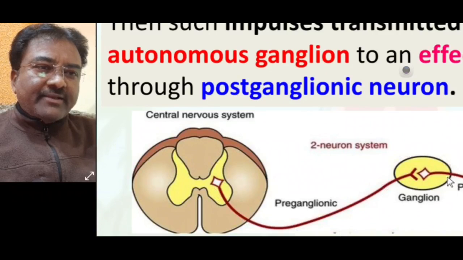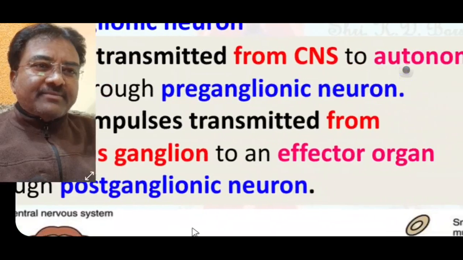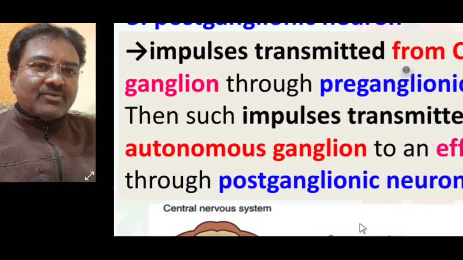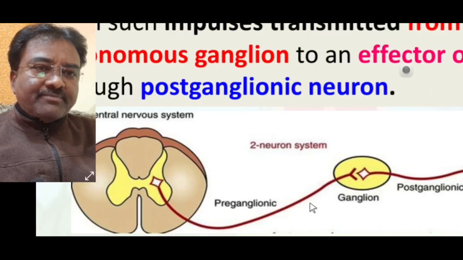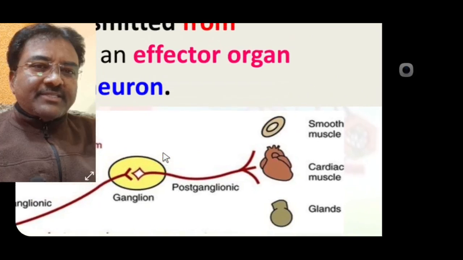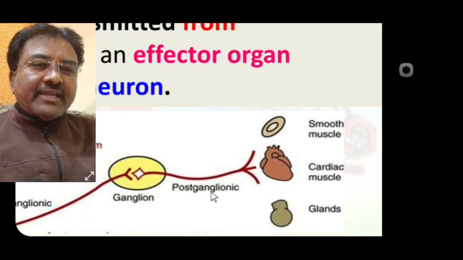This is the autonomic ganglion. Then impulses are transmitted from the autonomic ganglion to effector organs like cardiac muscles, smooth muscles and glands through the postganglionic neuron.